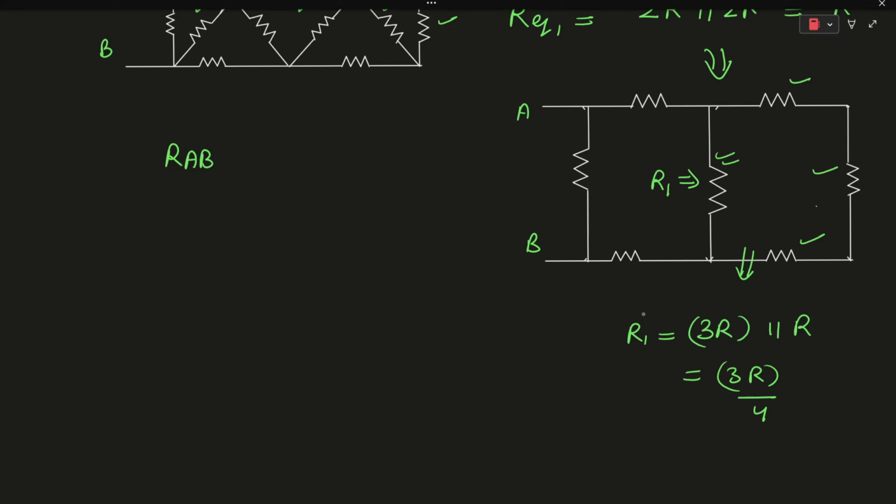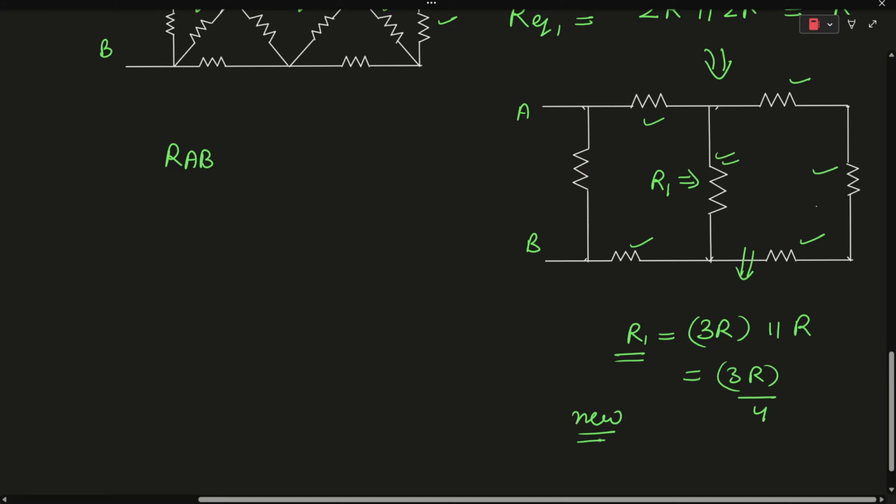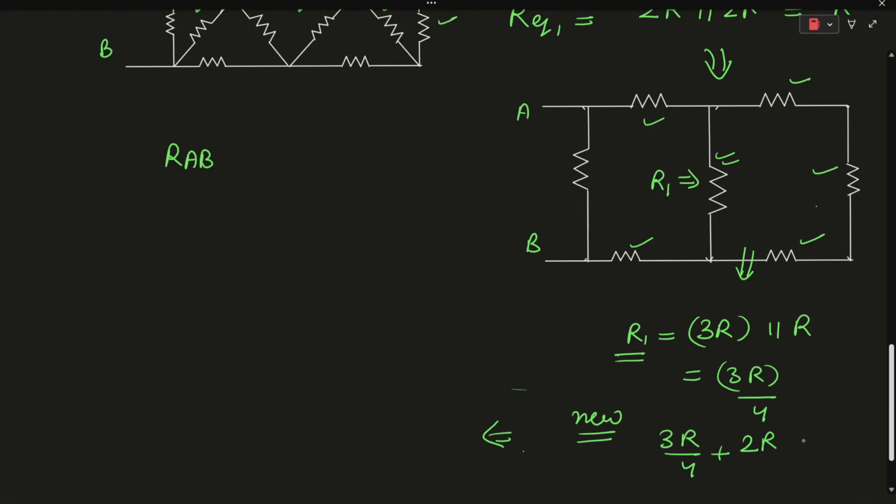This particular resistor R1 is connected in series with these two resistors. So the new resistance will be 3R by 4 plus 2R, which comes out to be 11R by 4.